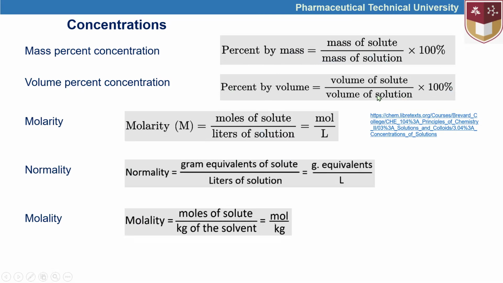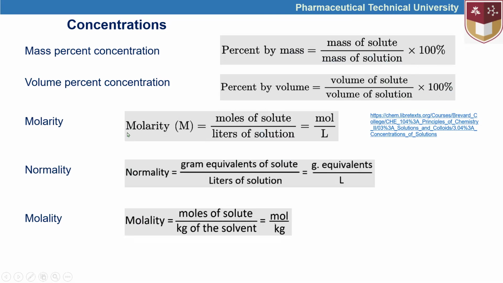In research papers, we can often see a concentration of 10%, for example, and in brackets m over m, or v over v, or m over v. Here m stands for mass percent and v stands for volume percent. So this kind of calculation is used for m over m or v over v concentrations.